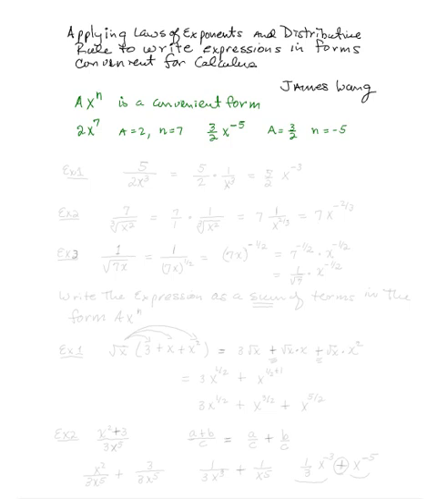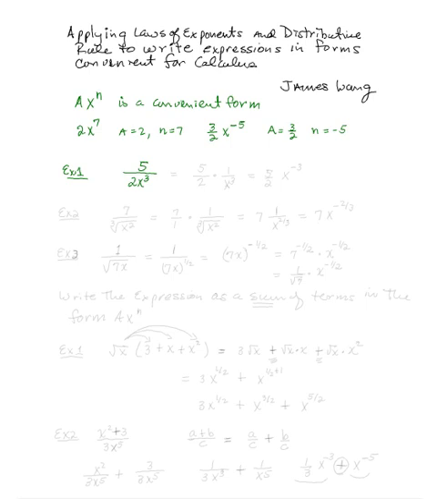So the first example is 5 divided by 2x cubed. So that's the expression we have, and we want to write it in our convenient form of a number times x to some power.